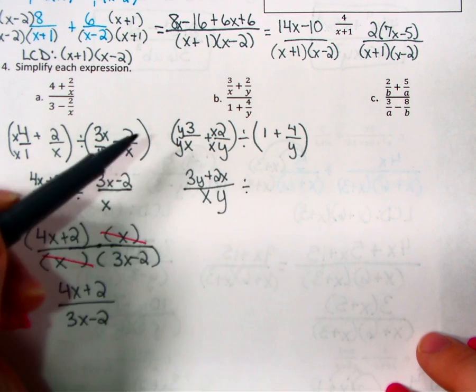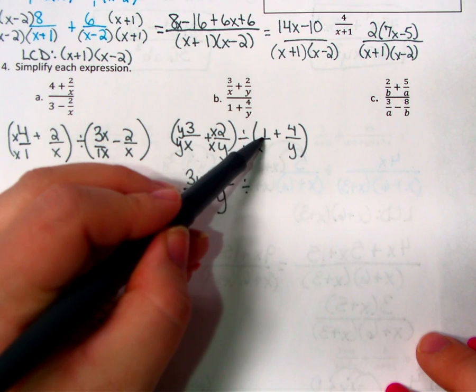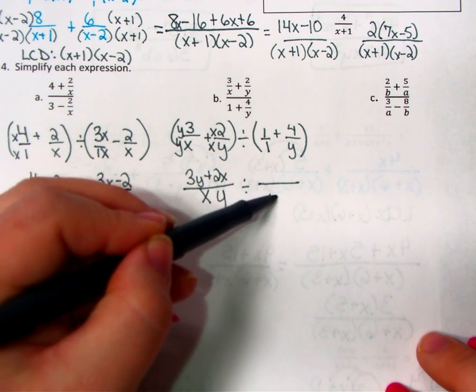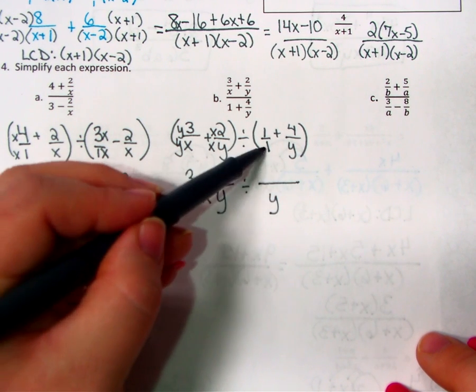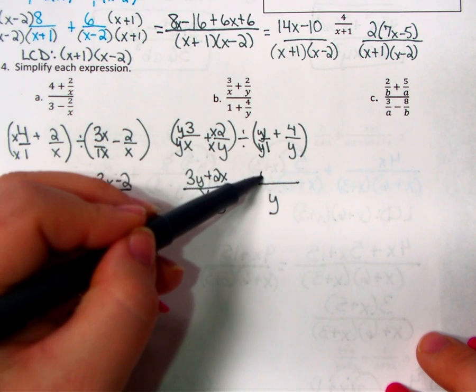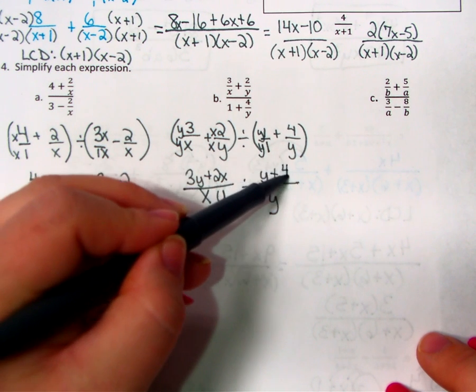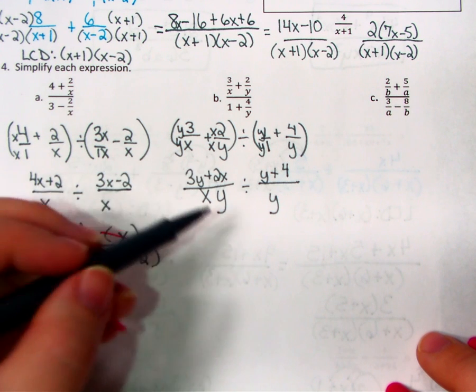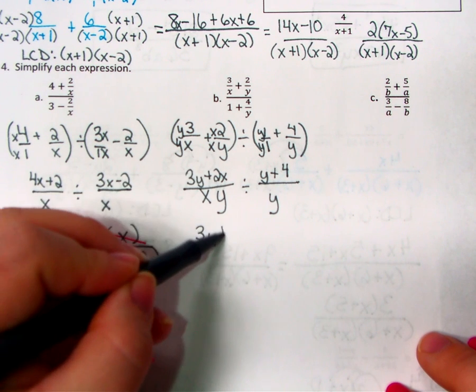And for the next one, the whole number has a denominator of 1, so the LCD is just the y. This needs the y to become common. So I have y plus 4. Remember, when dividing fractions, the first one remains the same.